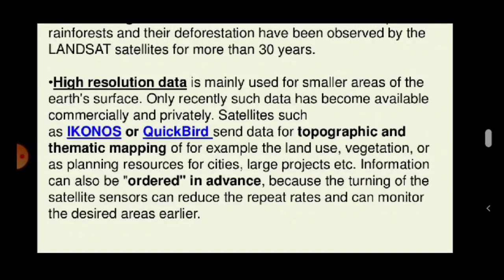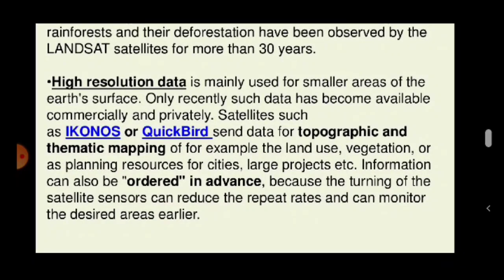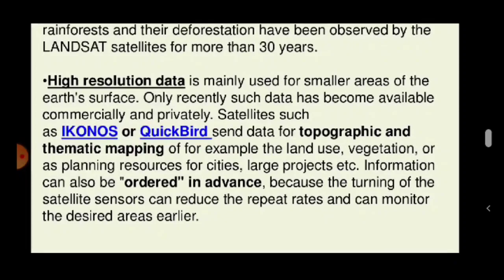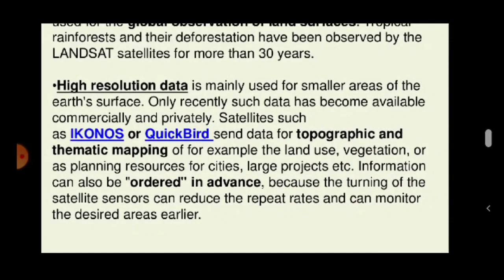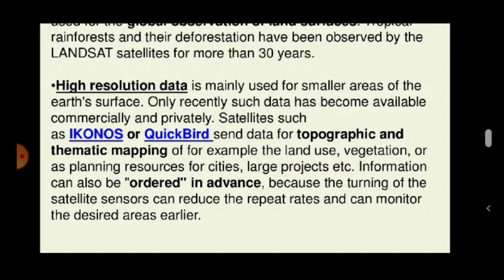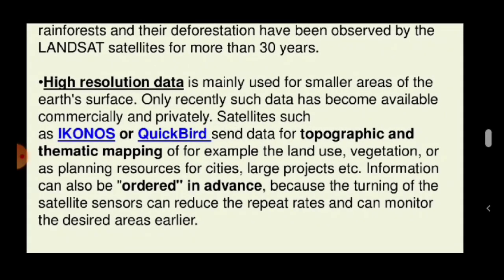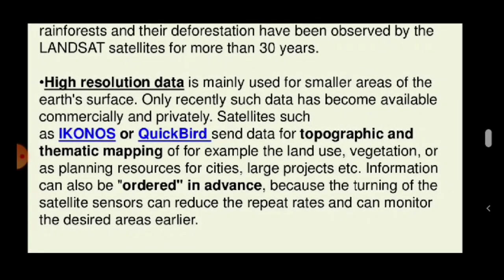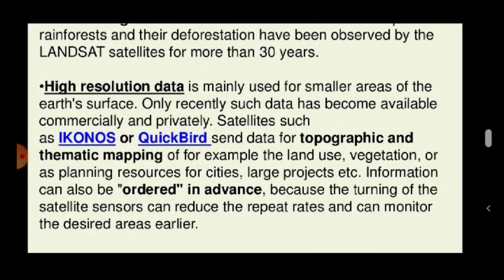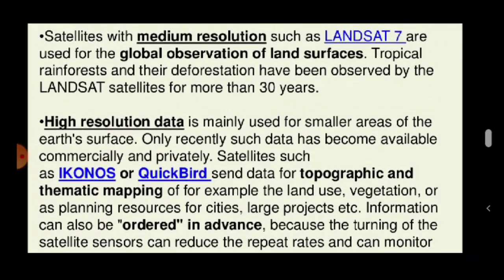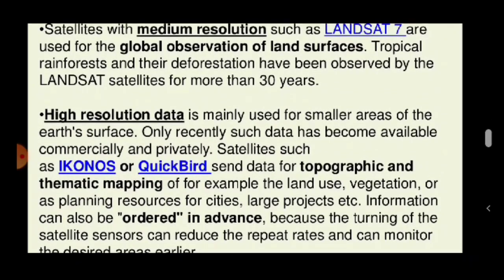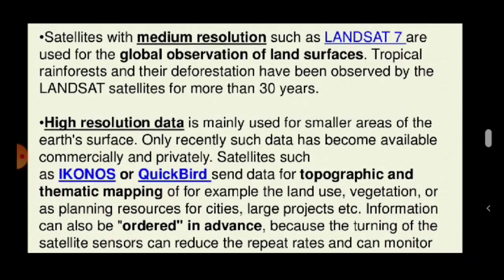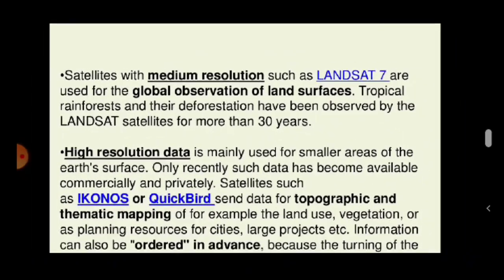Satellites such as Ikonos and QuickBird send data for topographic and thematic maps, for example of land use, vegetation, or planning resources for the city, large projects, etc. Information can be ordered in advance, because simply by turning the satellite sensors you can reduce the repeat rates, and that can monitor desired areas earlier.